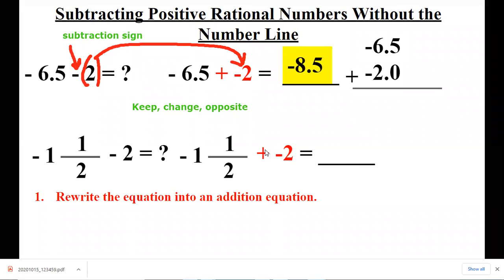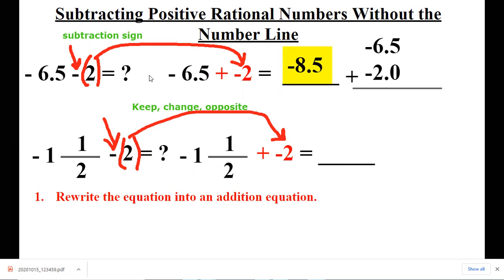Notice how we change this to an addition sign. This is a positive 2 because this is a subtraction sign, not a negative sign. Change our positive 2 to a negative 2. So now we have 2 negative numbers that we're adding together.